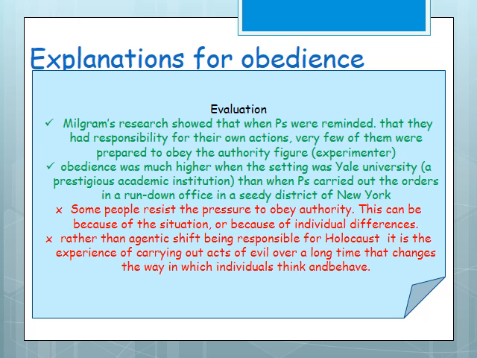So in Milgram's research, participants that were reminded that they were responsible for their own actions were less likely to obey. So that supports the idea of agency theory. Obedience was much higher within a prestigious setting such as Yale University rather than when it was in a rundown office, supporting the idea of legitimate authority.